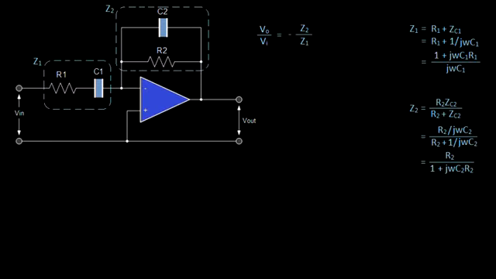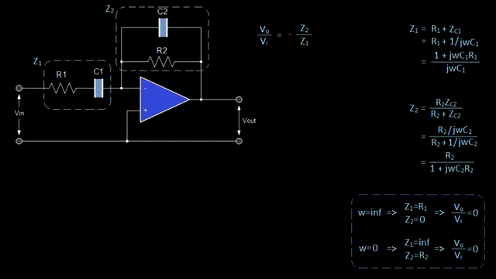Solving for Z1 and Z2, we find these expressions, which you should note are dependent upon omega, the frequency of input voltage, and that's because of the capacitors in the circuit.